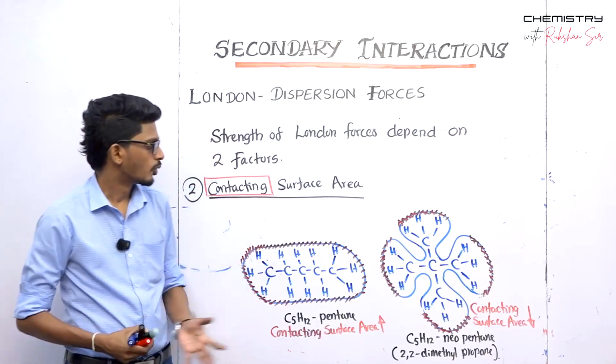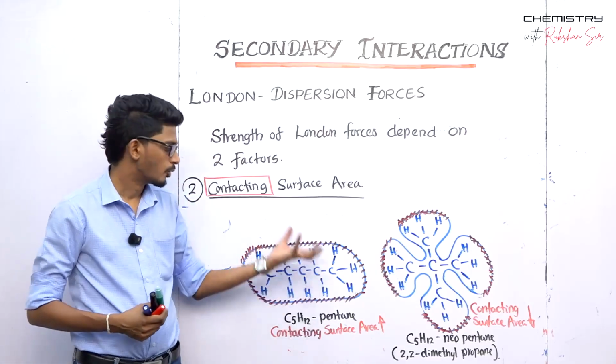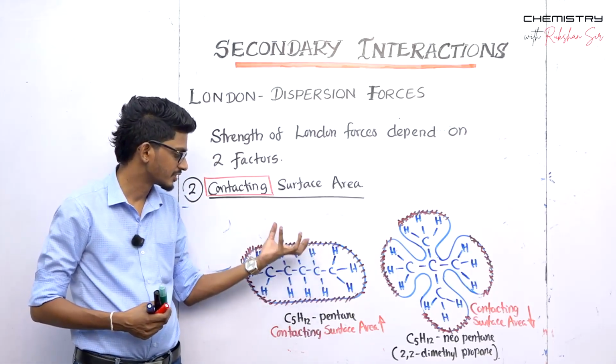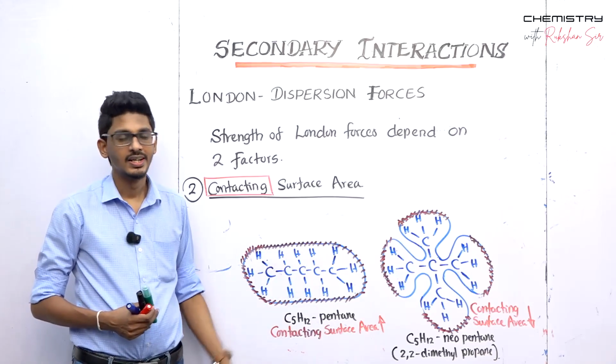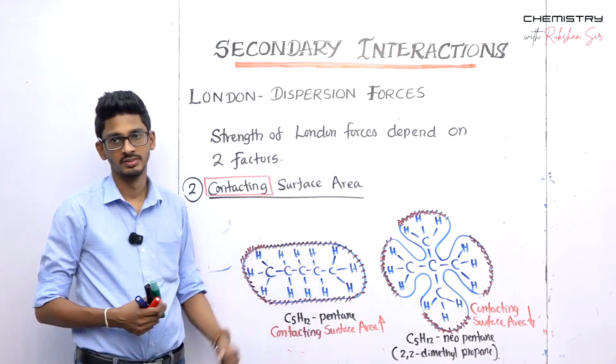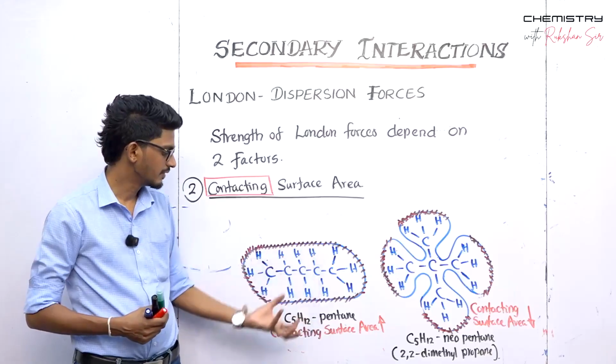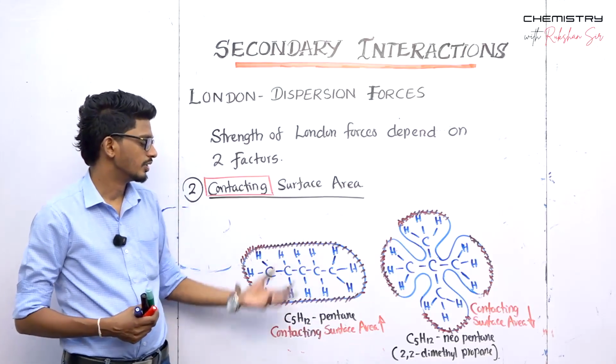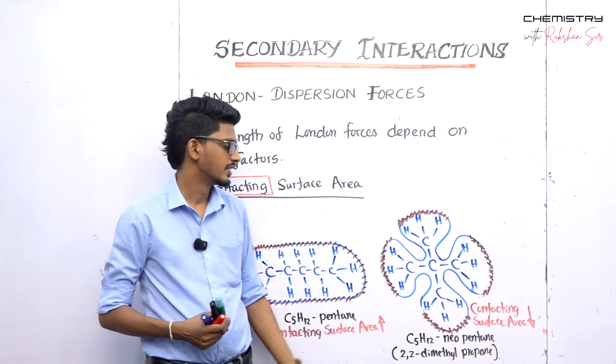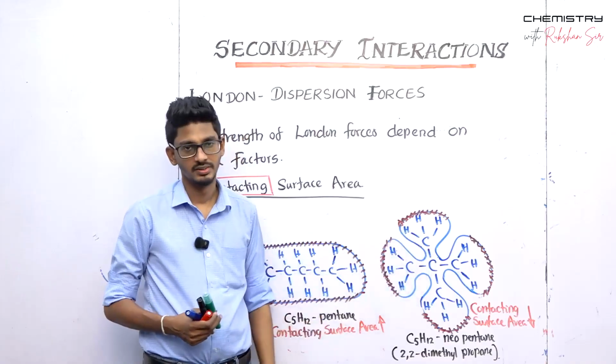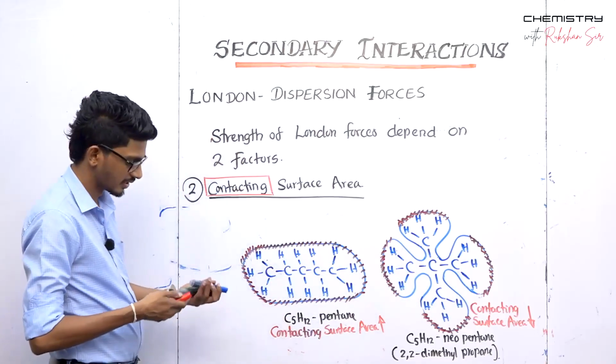So the more the conducting surface area, the more London interactions can be made, so that the London force strength will be high. So with the pentane, you will see greater London forces than the neopentane, right? That is the idea.